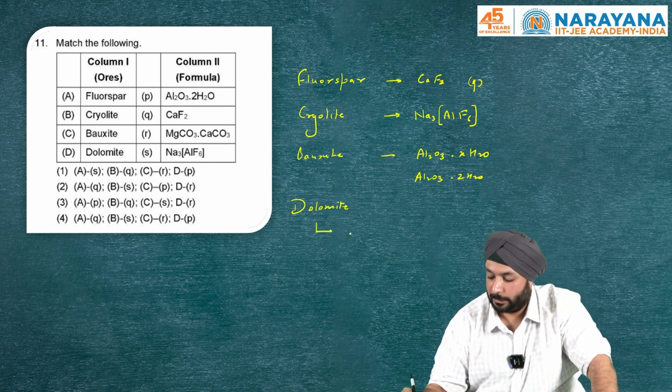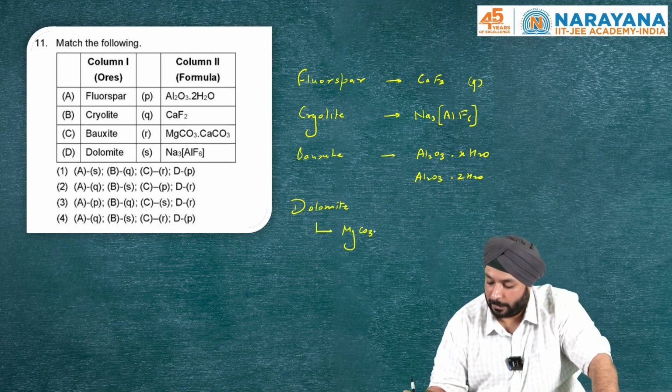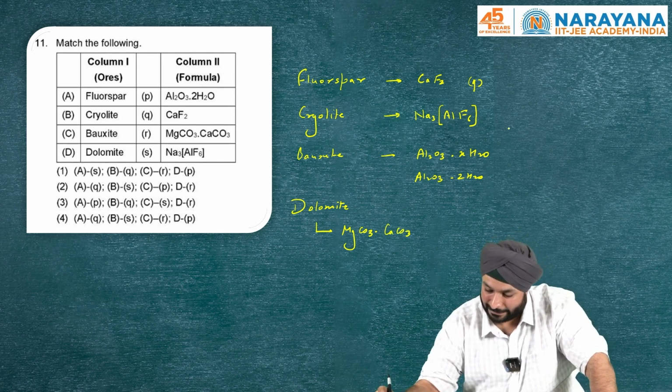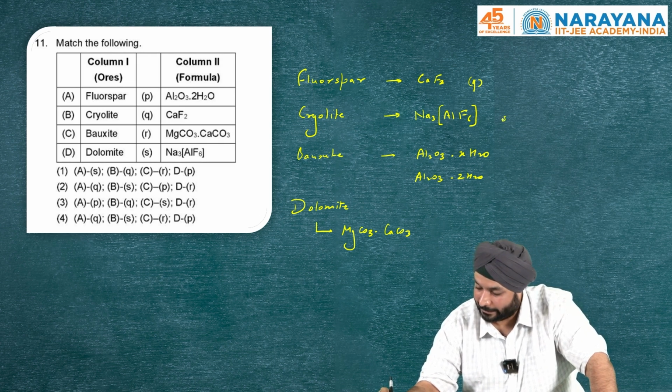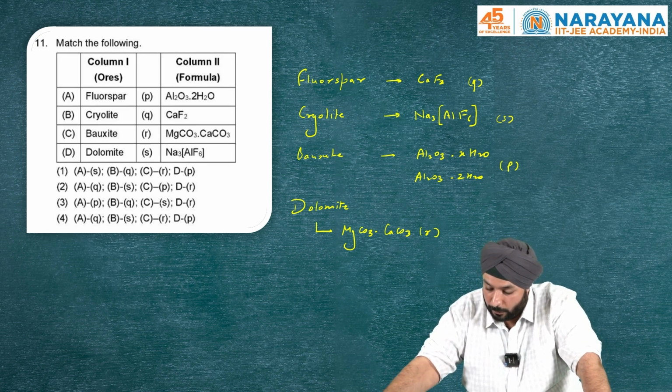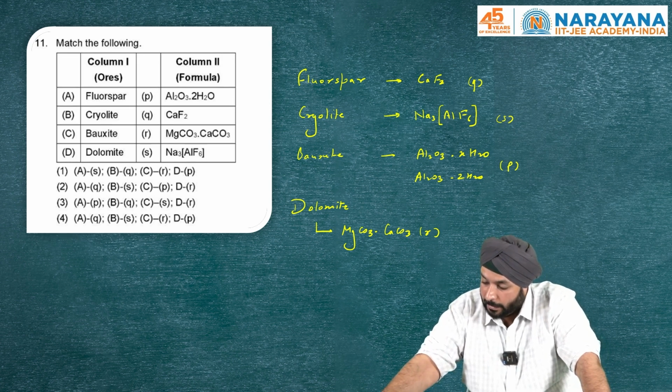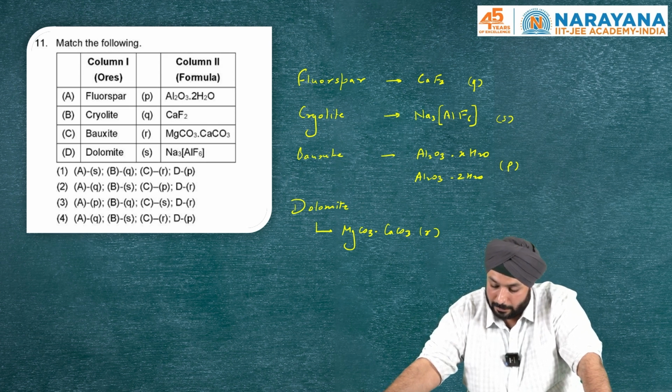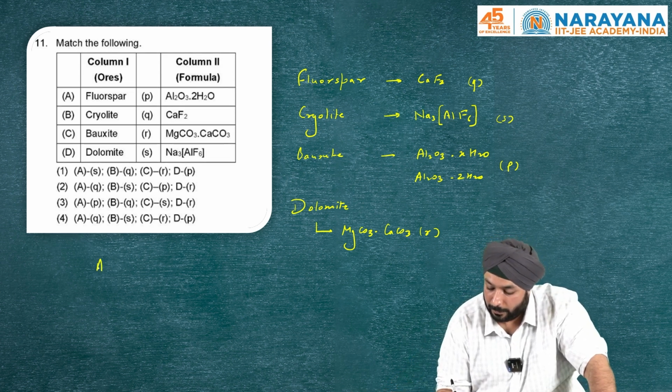Dolomite is MgCO3 dot CaCO3. So this is your S, bauxite, this is your P, and this is your R. So 1Q, BS, CP, and DR. Answer should be 2.